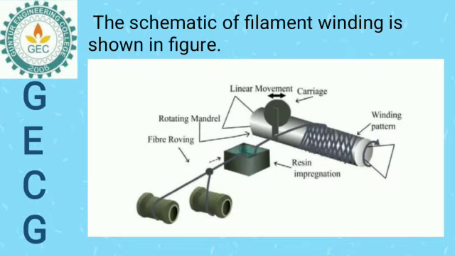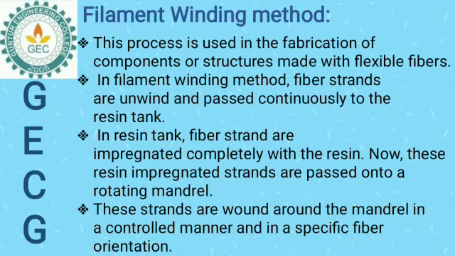These are the steps to fabricate the composite with the help of the filament winding method. This process is used in the fabrication of components or structures made with flexible fibers. In the filament winding method, fiber strands are unwound and passed continuously to the resin tank.